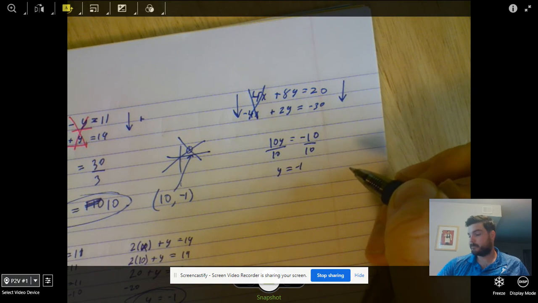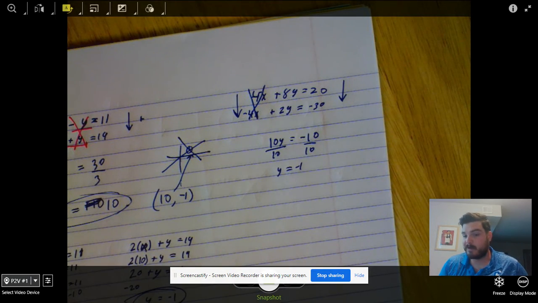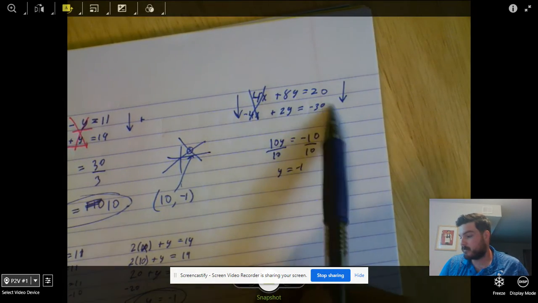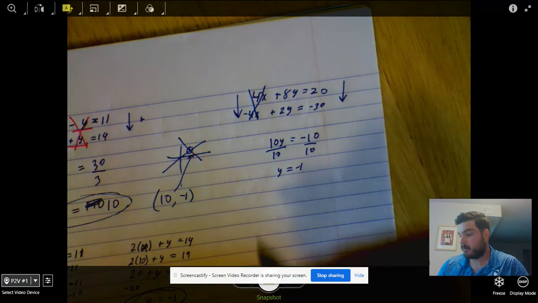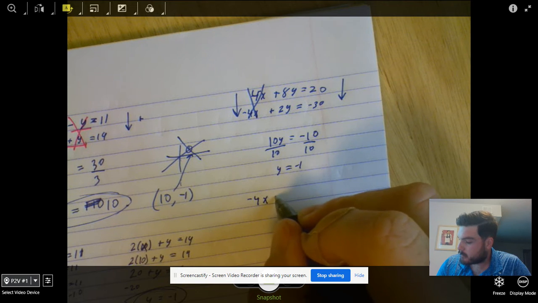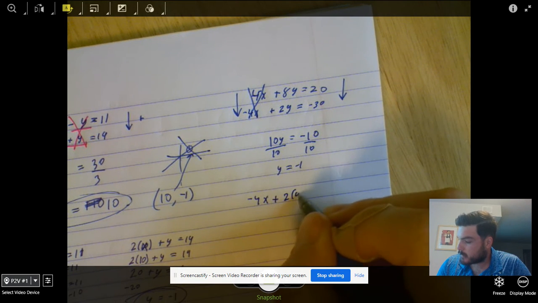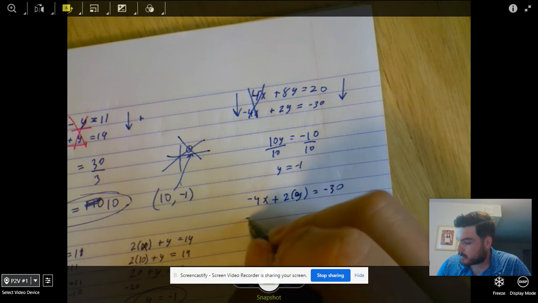Good. Now I can choose to put it into one of the equations. I'm going to choose the second one because personally I think these are lower numbers, so it's going to be easier. Let's see. So then I have negative 4x plus 2 times y equals negative 30. So I need to substitute in.